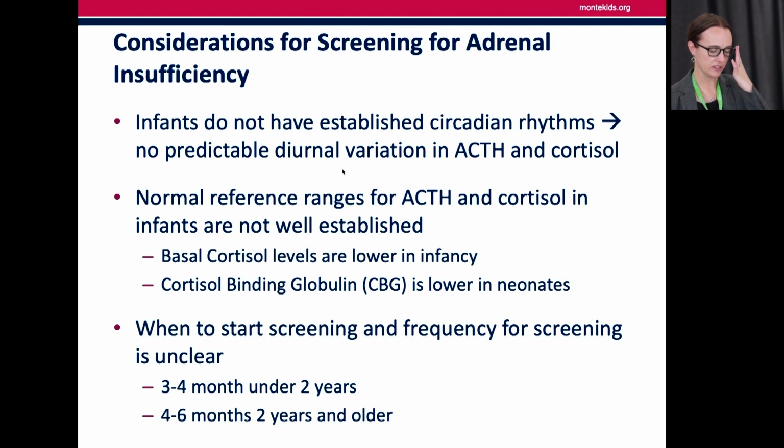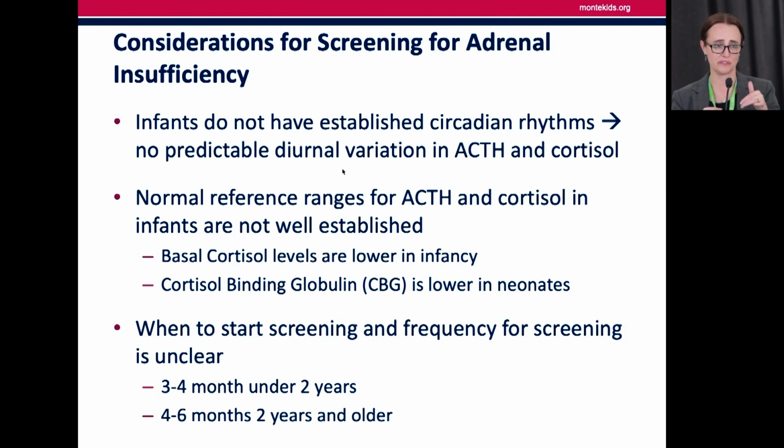And babies have lower cortisol levels at baseline because they don't have as much stress, and newborn babies do not have high binding proteins for the cortisol, which is what helps you measure cortisol in the assays.